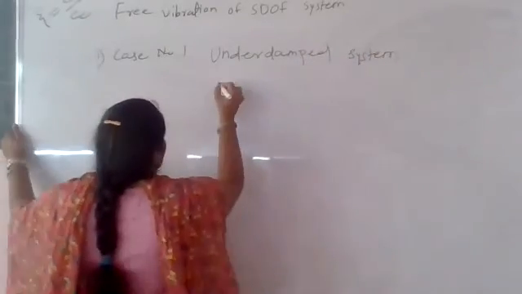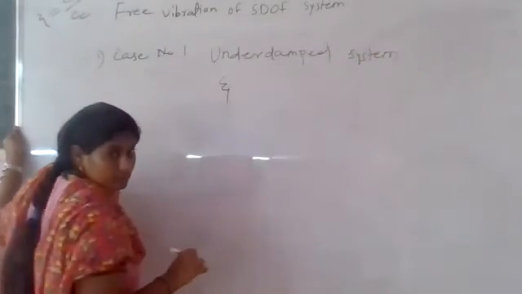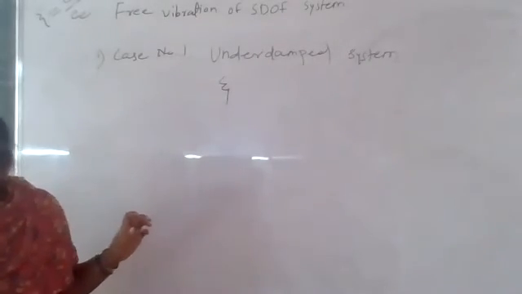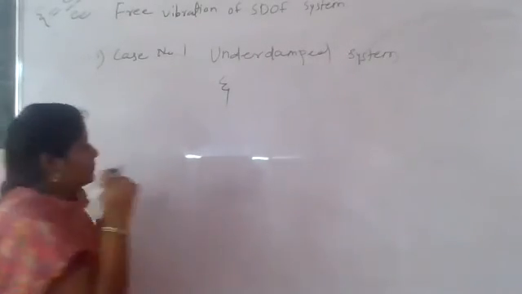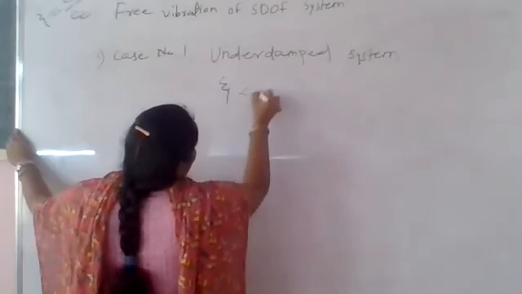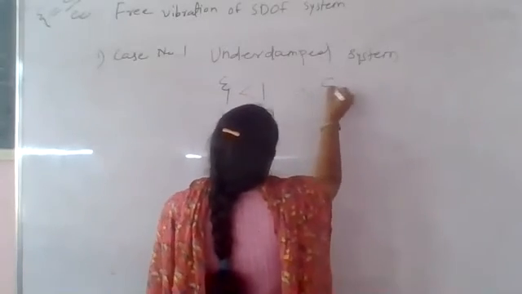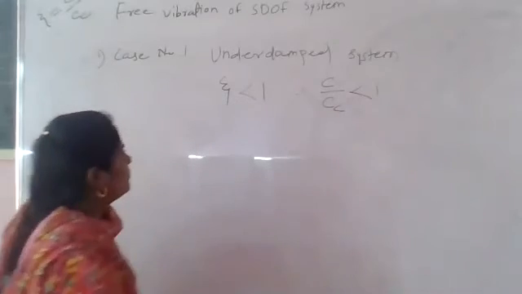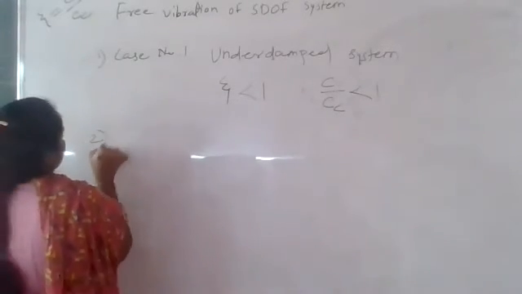Under damped system for case number 1, where zeta is less than 1, means the ratio of C by Cc is less than 1. Right?